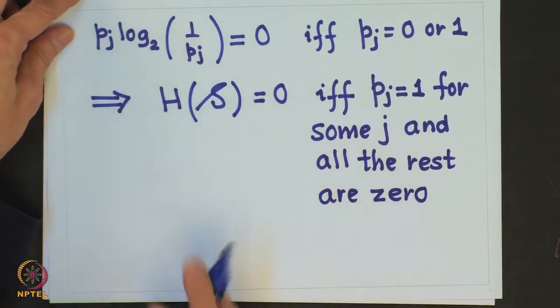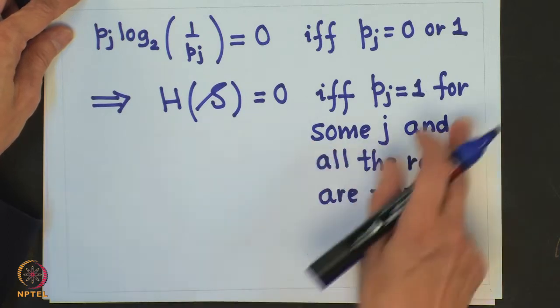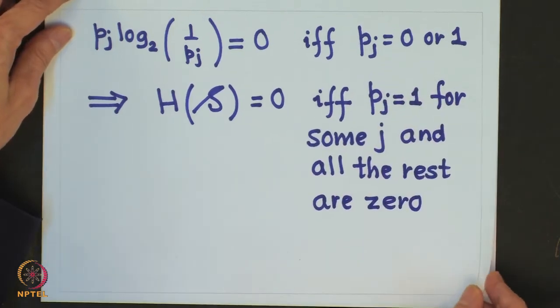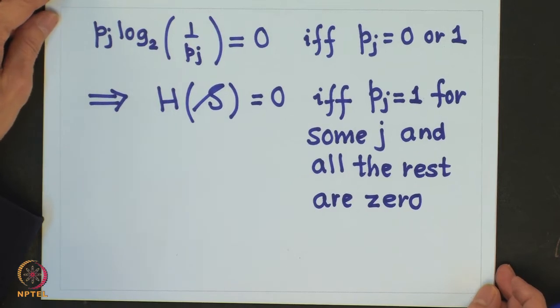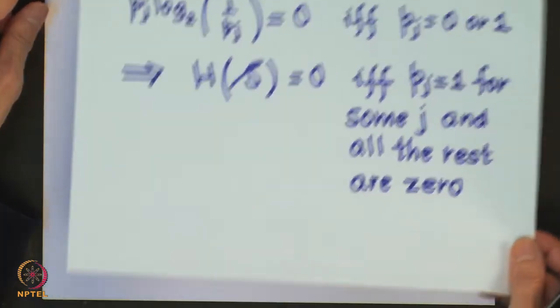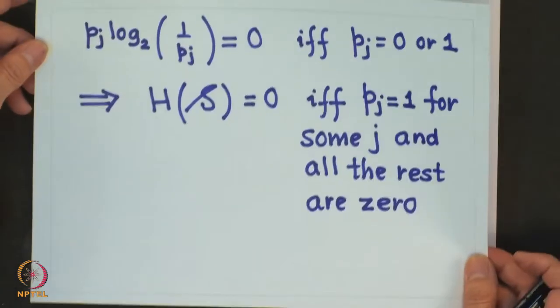So, H(S) equal to 0 will happen when this condition is satisfied, that means there is no uncertainty in the output of the source. Correct? Okay. Now, let us try to get the upper bound.